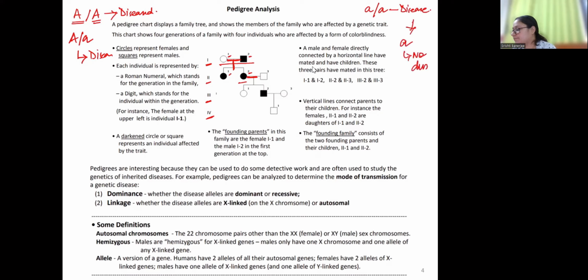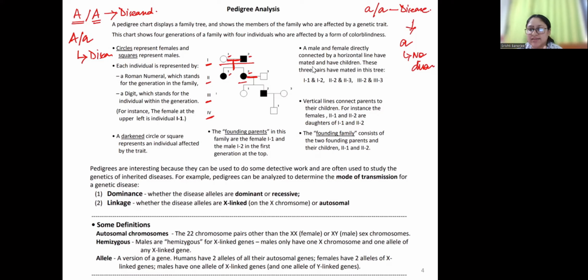Clear? Now, there is one more thing. Once you know whether it's dominant or recessive, that's fine. Now, the second is the linkage. That is, is it coming from the X, the sex chromosomes, or from the autosomal chromosomes? There are two types: X-linked and autosomal.